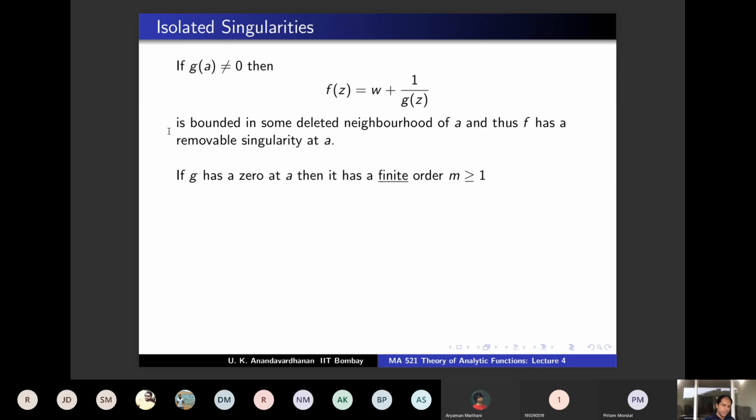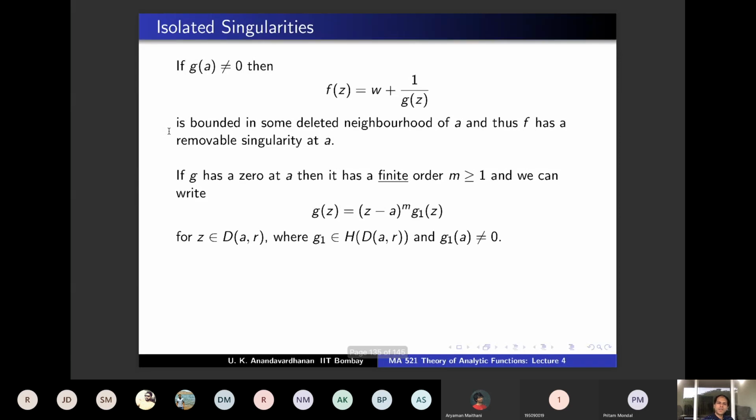Let's say m is greater than or equal to 1, and we can pull it outside: G of z equals (z minus a) to the power m times g1 of z, for z in D(a, R), where g1 is holomorphic and g1 of a is not zero.